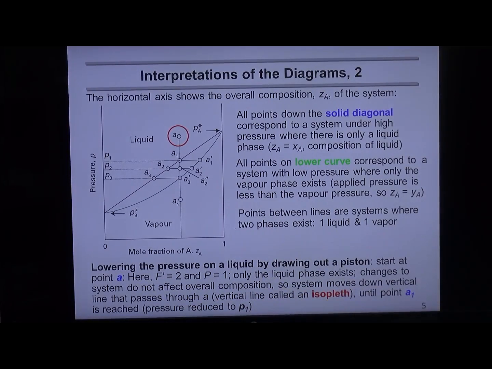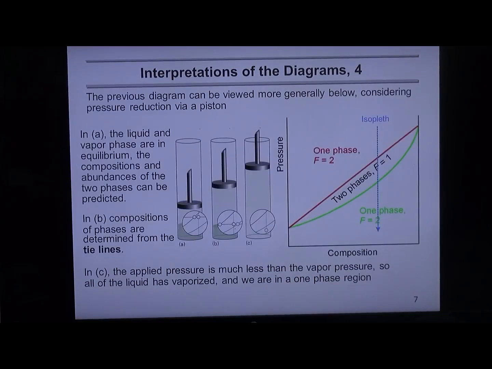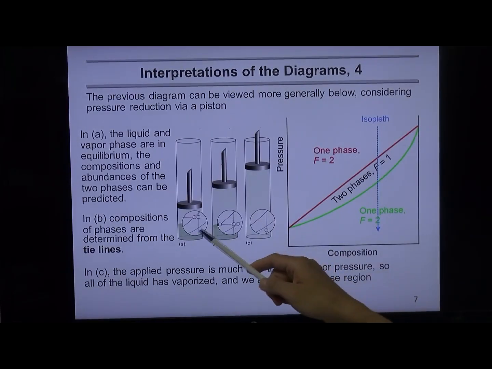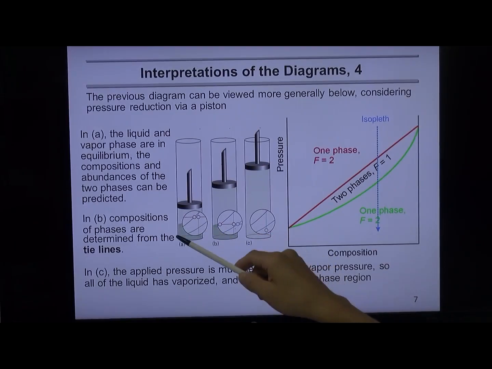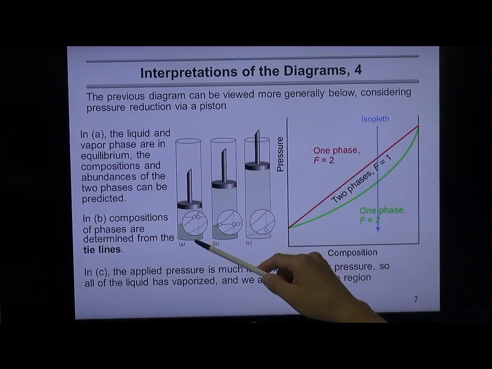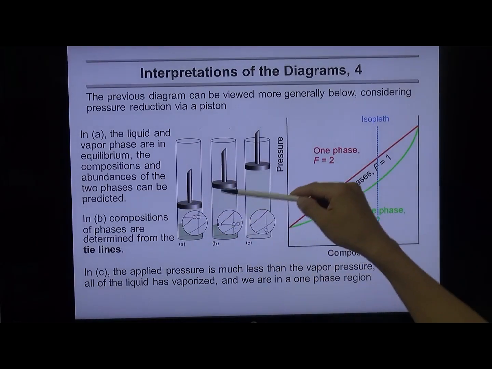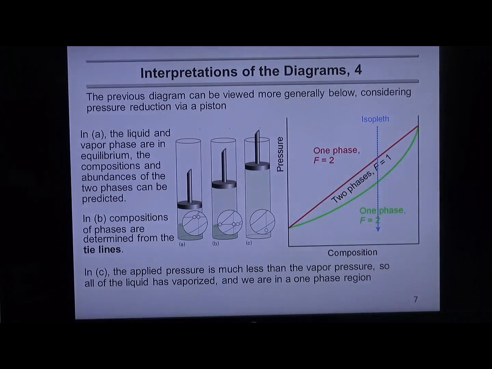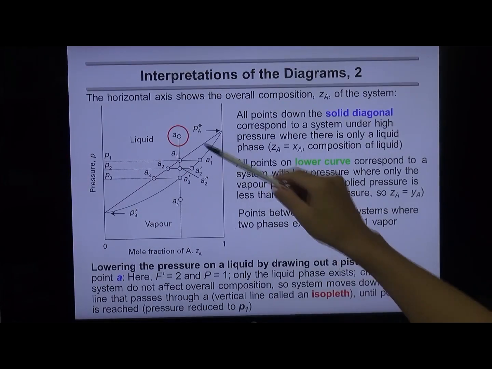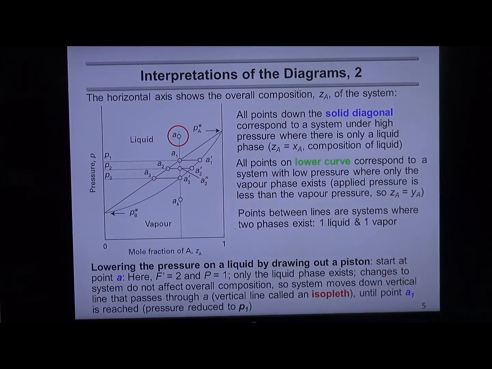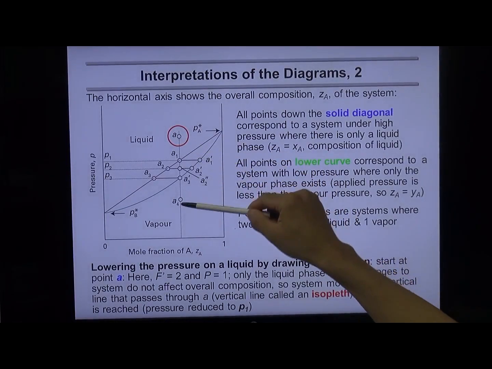We can do it by simply doing this kind of experiment. We put some liquid in the piston, and we pull this piston in this direction. Simply increase the volume. That will decrease the pressure, right? So simply by this pulling out piston experiment, we can do this lowering of the pressure from A to A4.